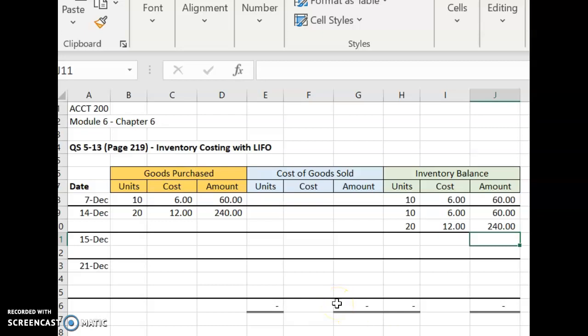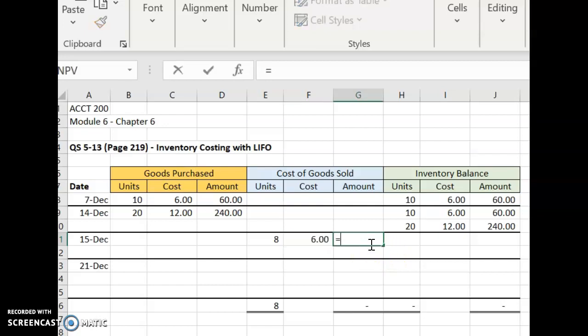Now on December 15th, what happens? I sell 15 units. And it tells us that of those 15 units, if we go back to our problem, we sold 8 of them from the December 7th transaction. So I sell 8. Now I'm in my cost of goods sold, right? From this December 7th group, which had a cost of $6.